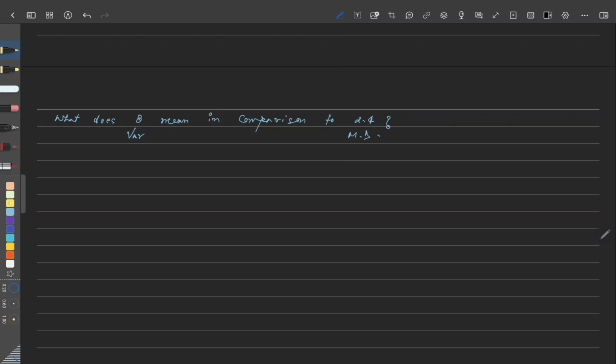So let's understand the significance of 2.4 for mean deviation first.